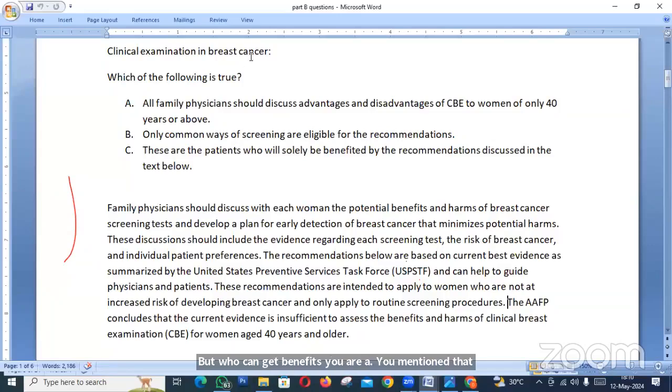Okay, maybe B. These are the patients who will solely be benefited by the recommendation discussed in the text below. Physicians should discuss with each woman the potential benefits and harms of breast cancer screening tests, and a plan for early detection of breast cancer that minimizes potential harms. These discussions should include the evidence regarding each screening test, the risk of breast cancer, and individual patient preference.